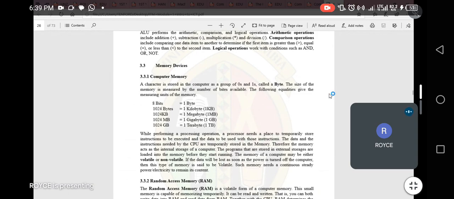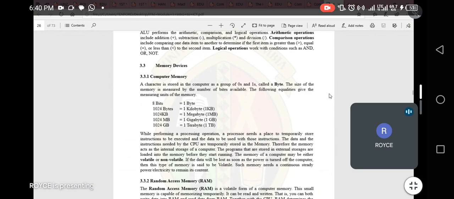That's how you are able to say that the memory of my computer is maybe so many kilobytes, or MBs, GBs, and also terabytes, because these are the measurements used to measure the size of memory for a computer. Even for memory cards, 4 GB is 1024 MBs per GB.